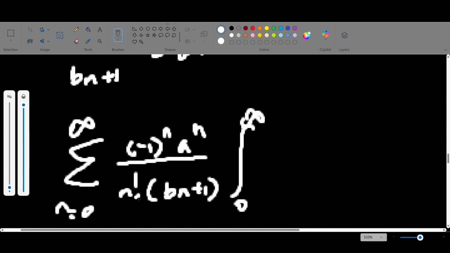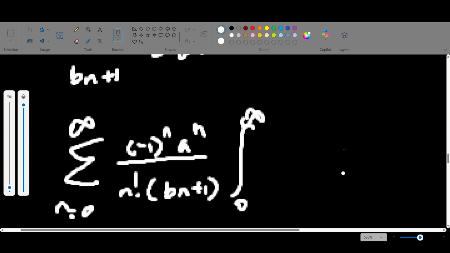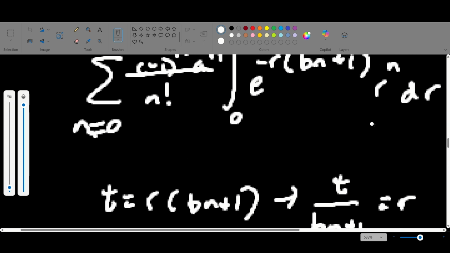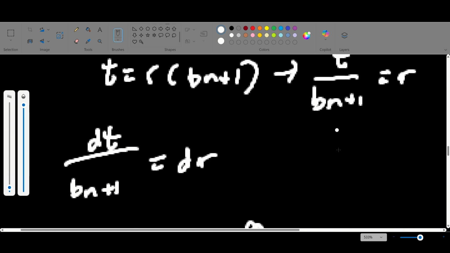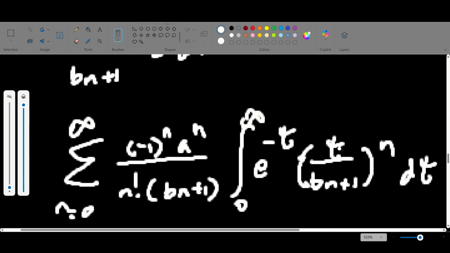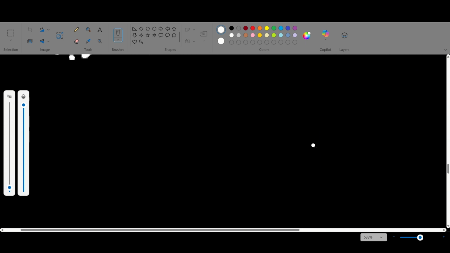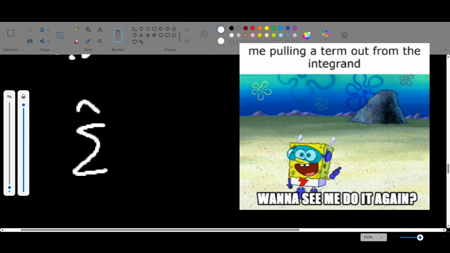Then we get the integral from 0 to infinity of, so e to the negative r, bn plus 1 will just become e to the negative t, and r to the n will become t over bn plus 1 to the n. So t over bn plus 1 all to the nth power dt. Now this bn here is also a constant to the power of n, so we'll pull this out as well.